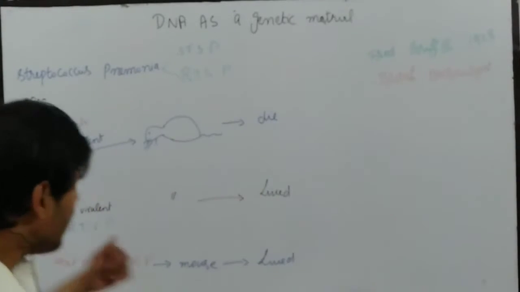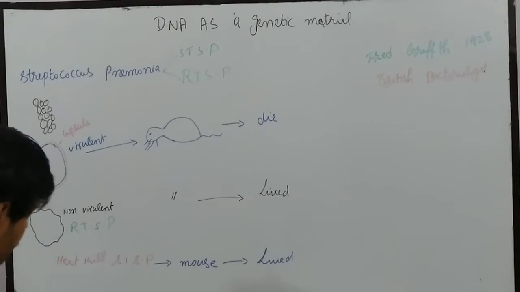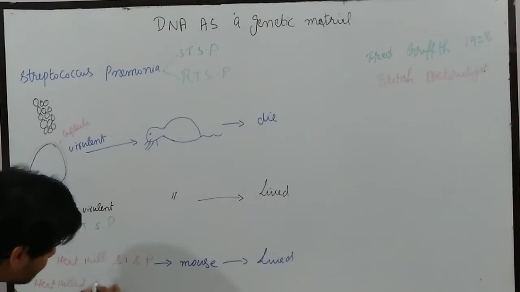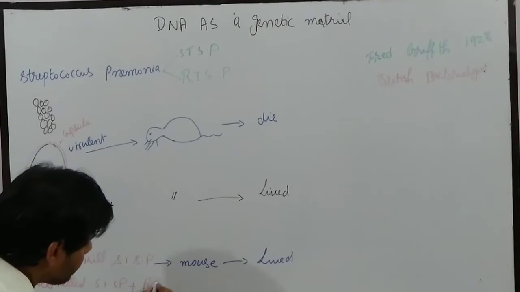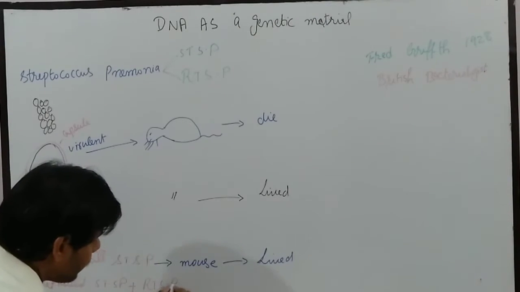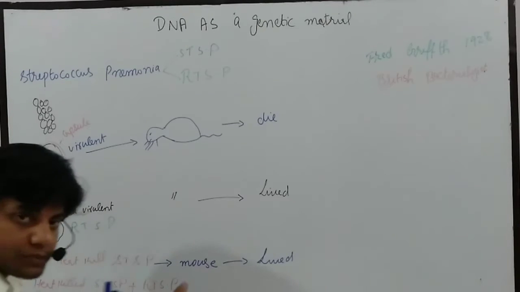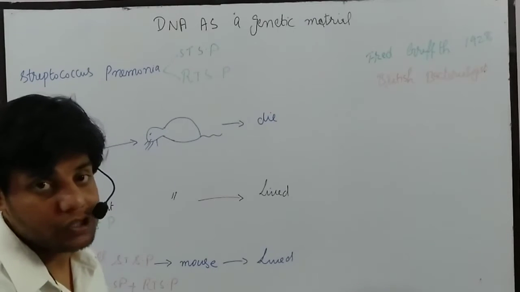Okay, now he used both cells. He used the mixture of heat-killed S-type Streptococcus pneumoniae and R-type Streptococcus pneumoniae.